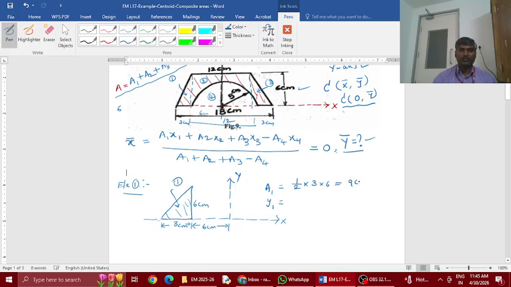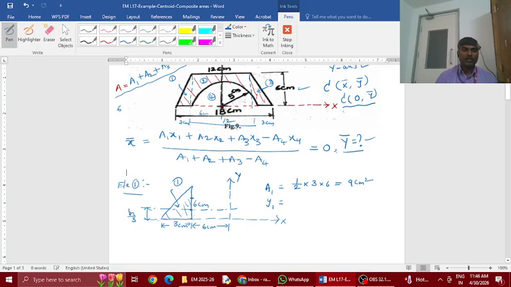This works out to 9 centimeters. For the y1 value, locate the centroid from the x-axis at what height it is. So divide this 6 centimeters into 3 equal parts, so each one is 2 centimeters, 2 centimeters and 2 centimeters here. So this is the centroid location of the triangle. This is h by 3 from the base.